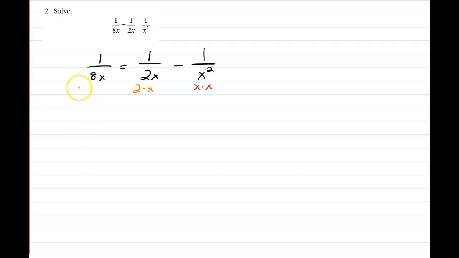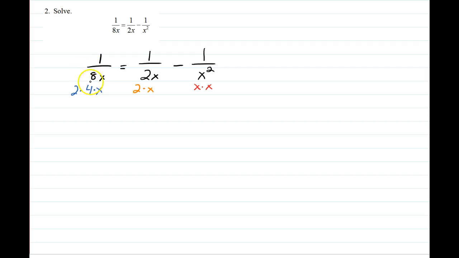And 8x is really 2 times 4x. And so we want to find our common denominator, and we multiply by that, that'll get rid of all the fractions.